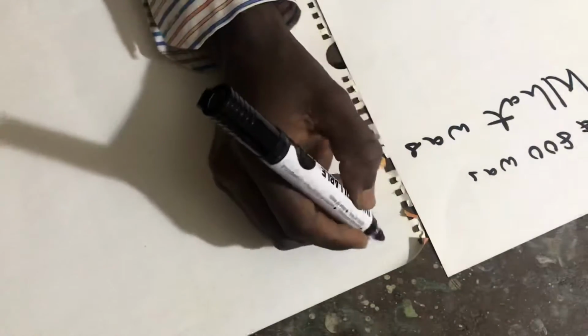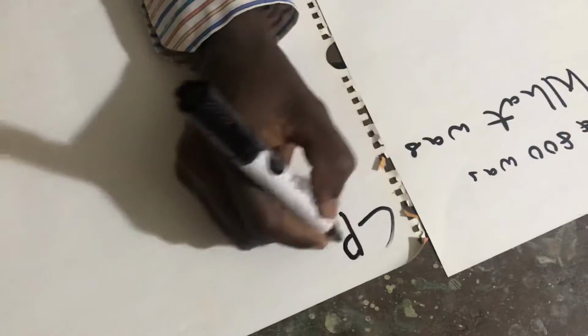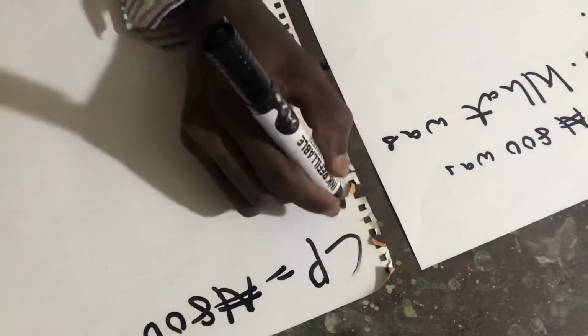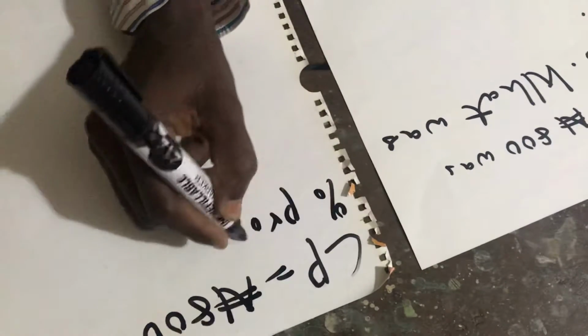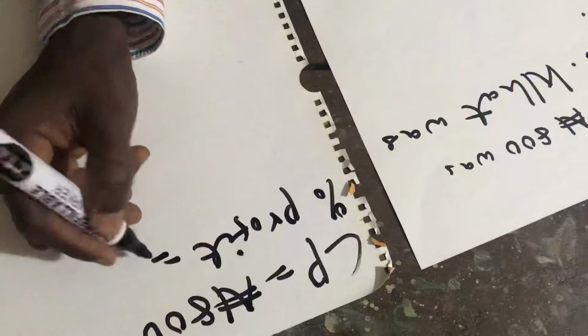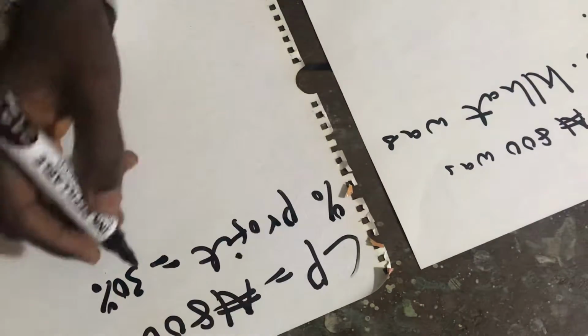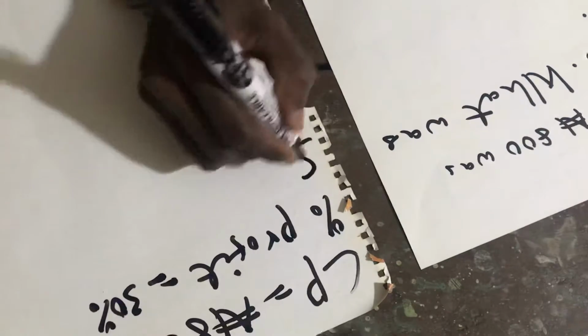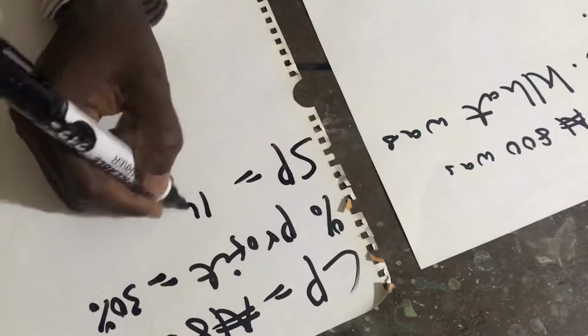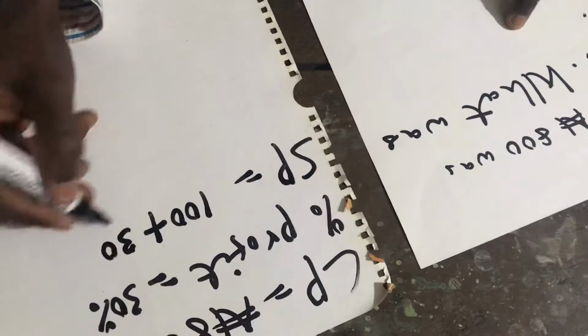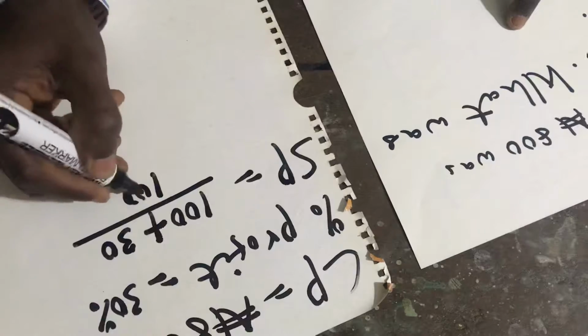So we can solve that. Cost price, CP, is equal to 800 naira, and percentage profit is equal to 30%. So we can find selling price, which is 100 plus the percentage profit, 30, over 100.